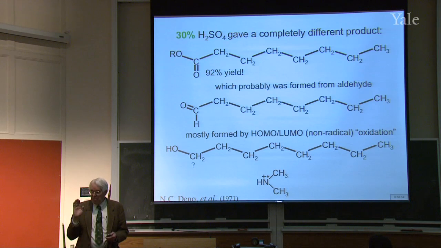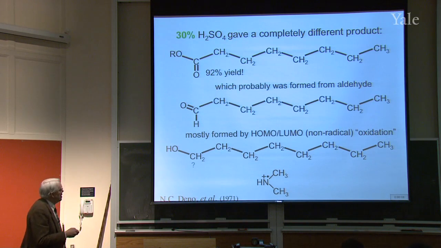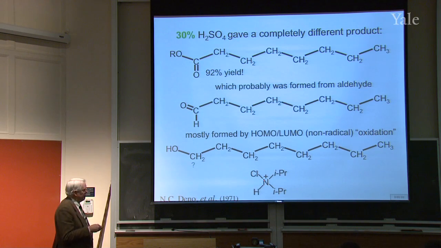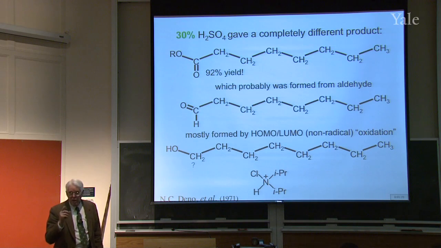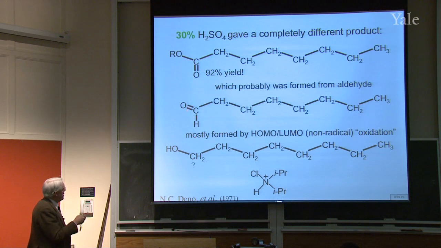But probably it's formed by a HOMO-LUMO reaction, called an oxidation reaction, involving this reagent. Remember, the original reagent we're using is chloramine, N-Cl, and in 30% acid, it's protonated. So it's probably a reaction between this stuff and this. It could be the free radical reaction, but it's probably a HOMO-LUMO reaction that's able to convert this to that.